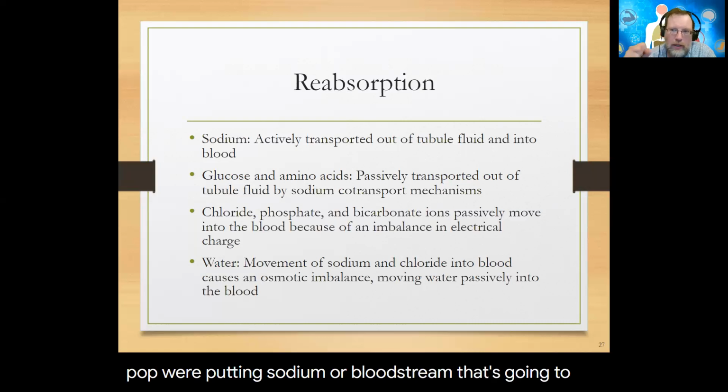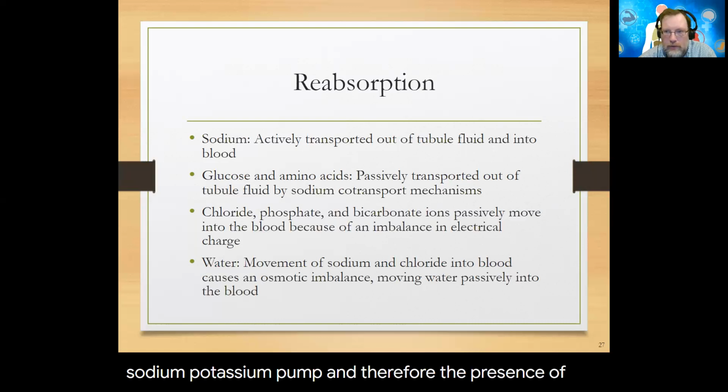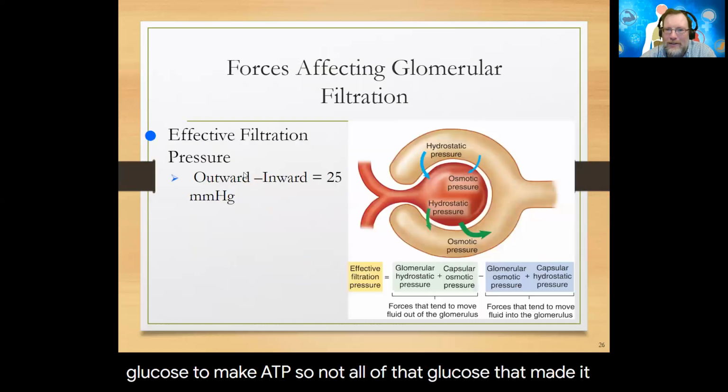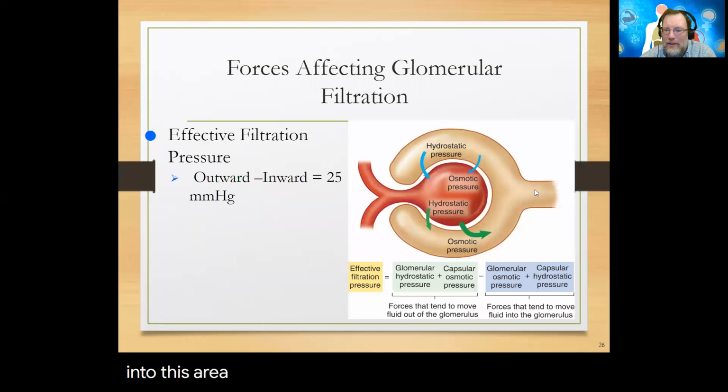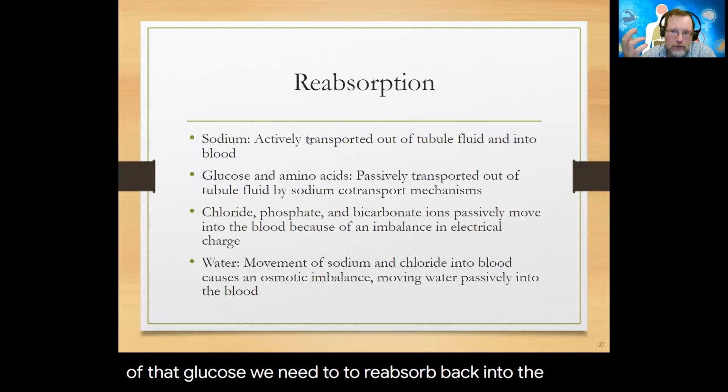That's going to require active transport mechanisms in the form of a sodium potassium pump, and therefore the presence of glucose to make ATP. So not all of that glucose that made it into this area is going to be used for ATP production. Most of that glucose we need to reabsorb back into the bloodstream.